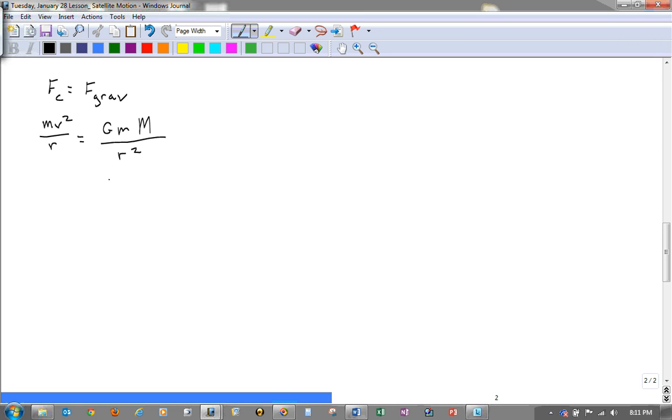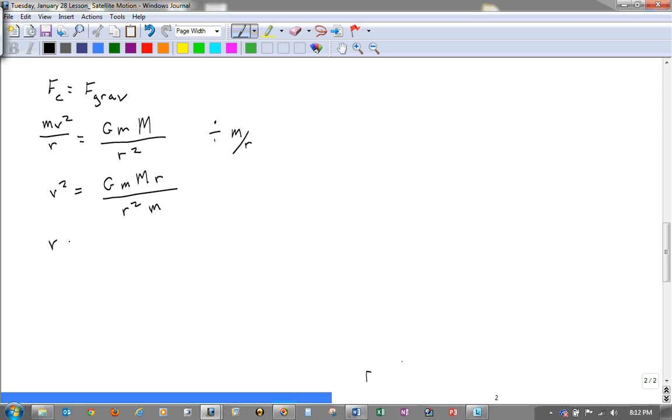Now if I take this equation and solve for v, I'd first multiply through by r and divide by the lowercase m, and that would give me G M r divided by r squared. I also wanted to bring the m over to the other side, so all I did here was divide both sides by m over r, and that gets rid of it on that side.